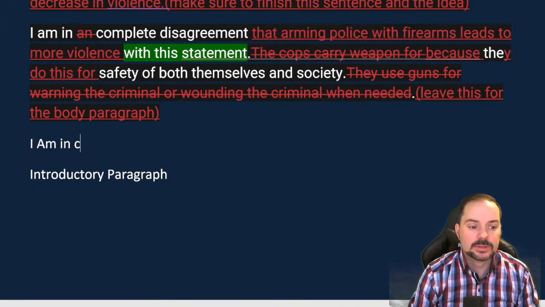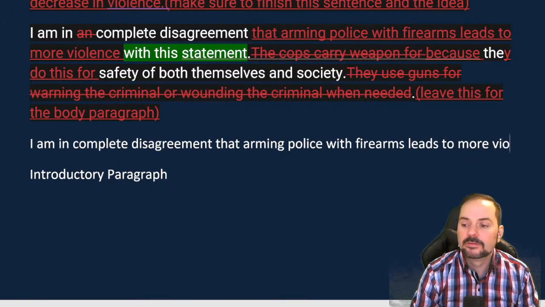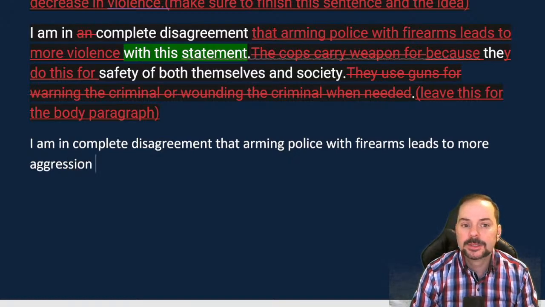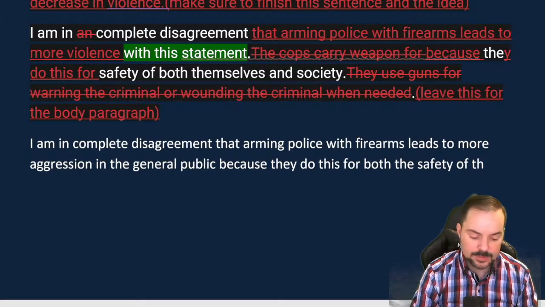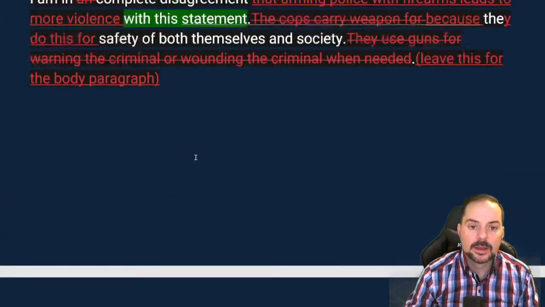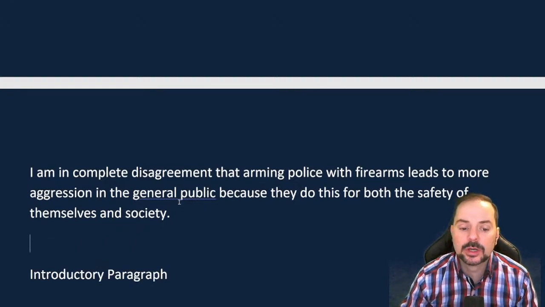So I am in complete disagreement that arming police with firearms leads to more violence, or if I want to be really fancy here, I can say more aggression in the general public, because they do this for both the safety of themselves and society. Okay? Yeah, and then you have a really good thesis statement.